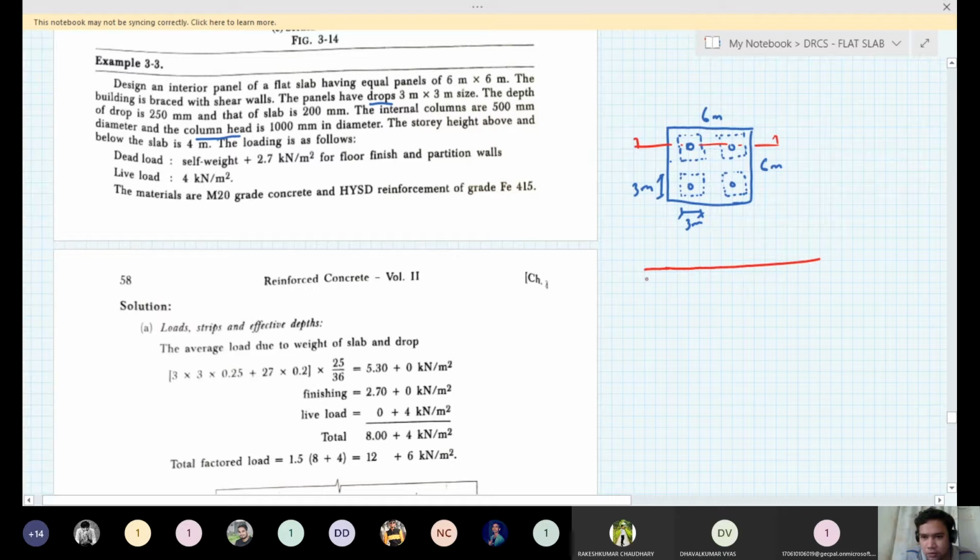So here it is 200, then where there is a drop it is 250. Okay, so here your depth is 200 and here the depth is 250. This is the drop.